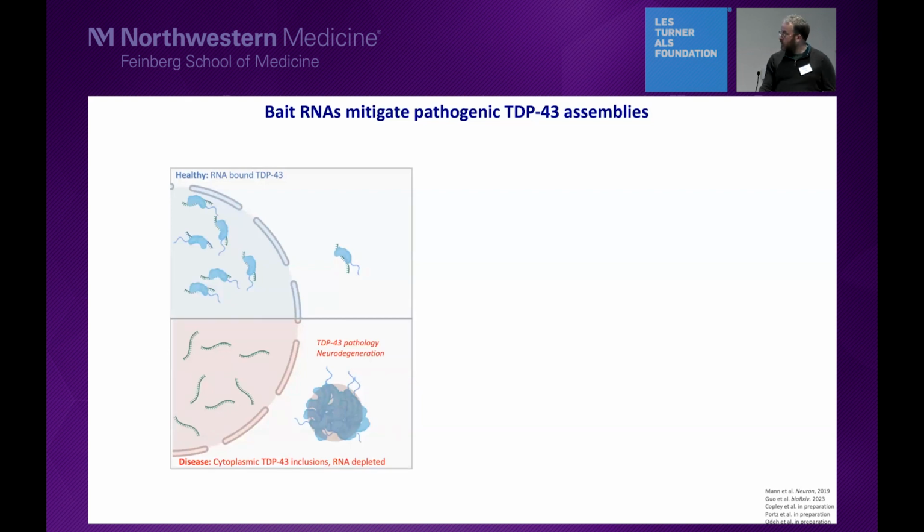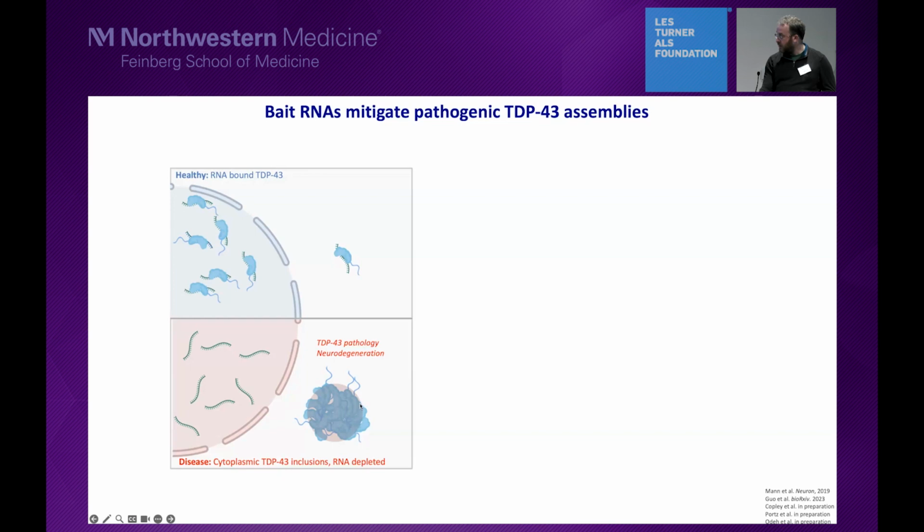So under ordinary circumstances, we find TDP-43 inside the nucleus, engaging RNA and performing its biological function. But in the context of degenerating neurons of ALS and FTD patients, we find that TDP-43 is depleted from the nucleus and has accumulated in these cytoplasmic aggregated structures that are actually relatively devoid of RNA.